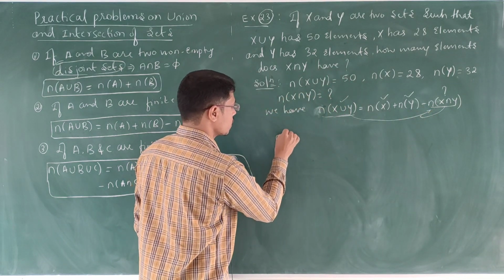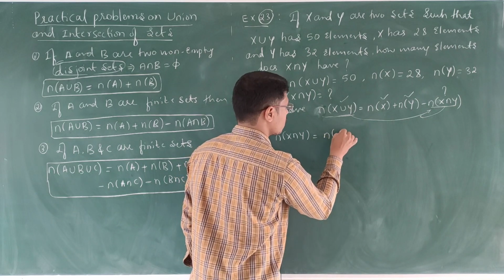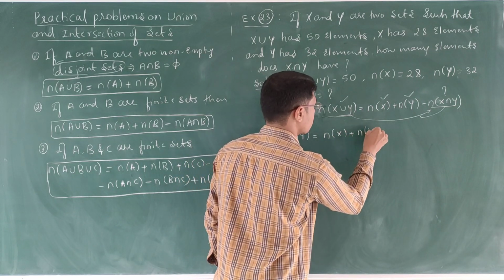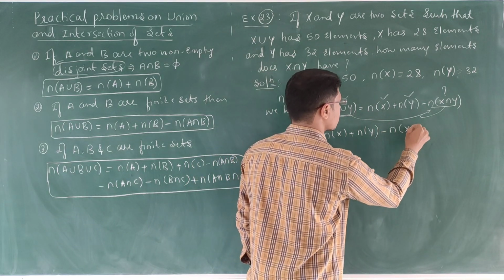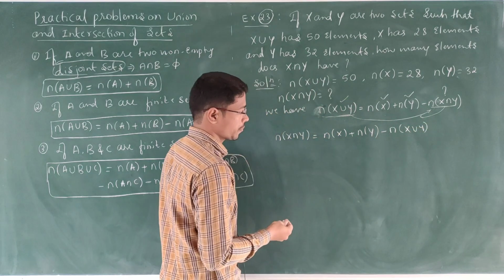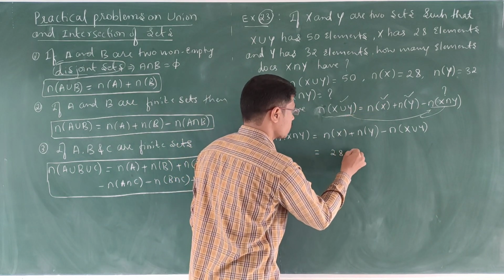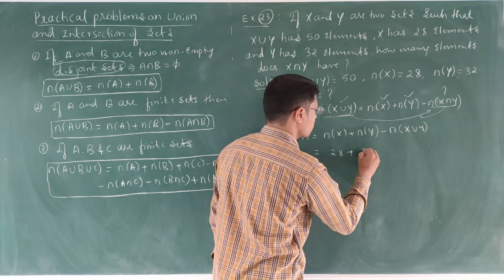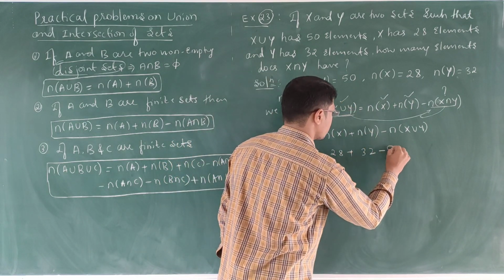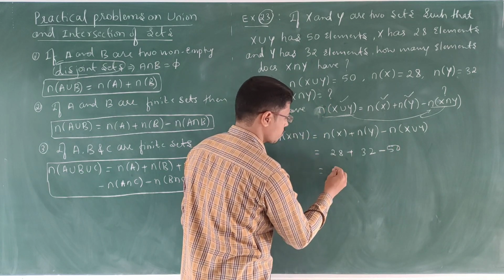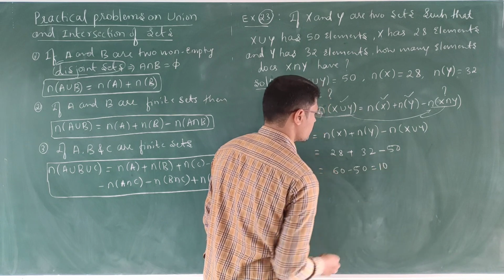That becomes n of X intersection Y is equal to n of X plus n of Y, and this coming to the right-hand side becomes negative n of X union Y. Fill in the n of X value 28 plus n of Y value 32 minus n of X union Y, which is 50. 28 plus 32 is 60, minus 50, is equal to 10.